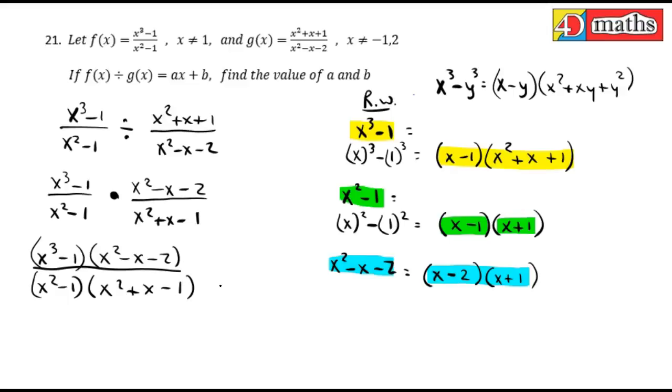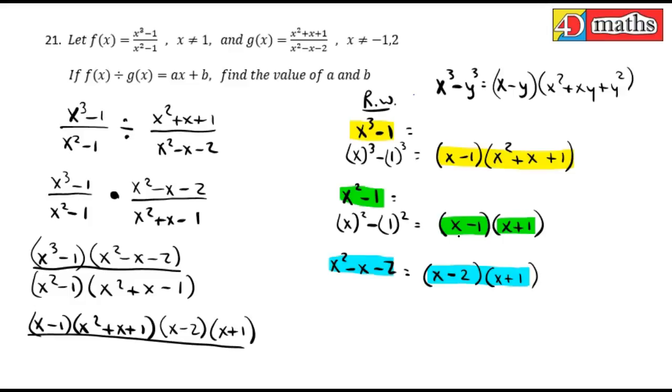So we're just going to replace all the different parts in. On the bottom line, I'm going to replace x minus 1, x squared plus x plus 1, so that replaces the x cubed minus 1. This I'm going to replace with x minus 2, x plus 1. On the bottom, I'm going to replace x squared minus 1 with x minus 1, x plus 1.